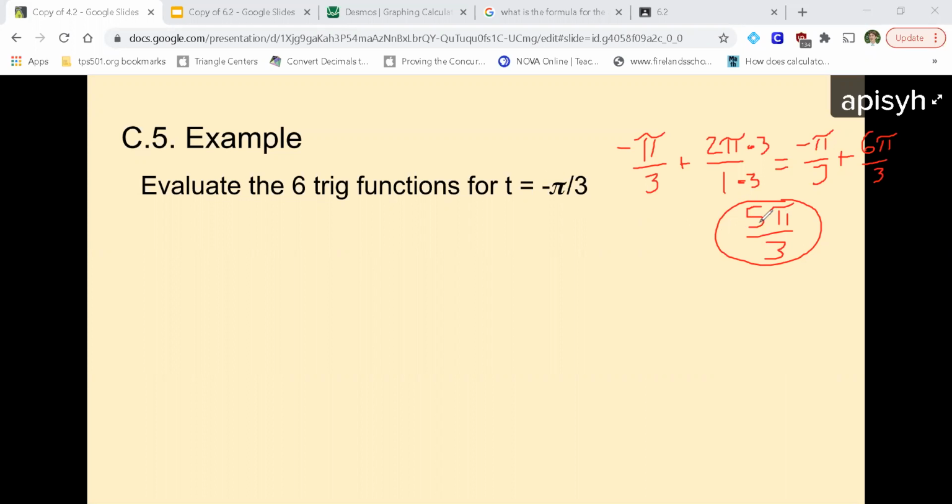But if you look at your unit circle, this angle right here, they label it as 5 pi/3, not -pi/3. So if you look at your unit circle, you should find that the coordinates of that point right there are a half, -√3/2.